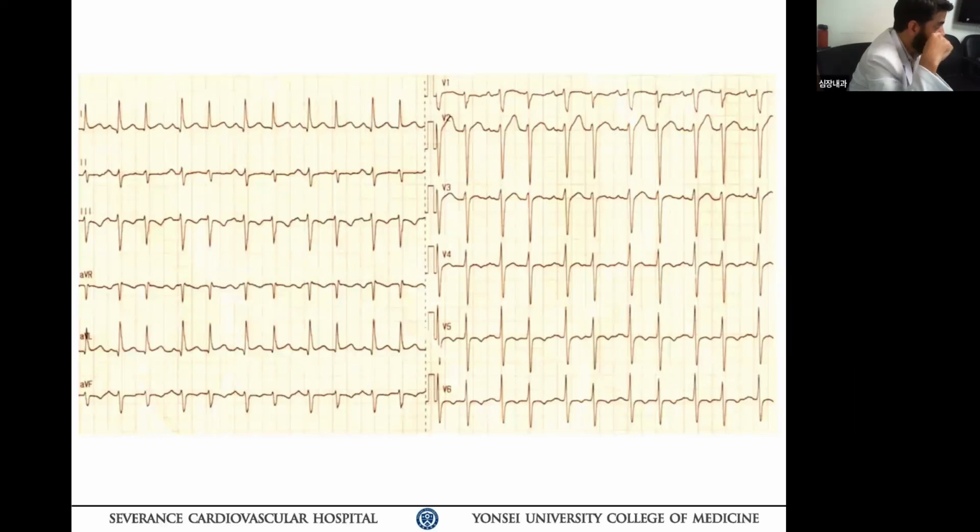So I'm thinking of two things. One is that it can be sinus with bigeminy of junctional ectopic beats because there's no P wave and it's narrow even though it looks different.